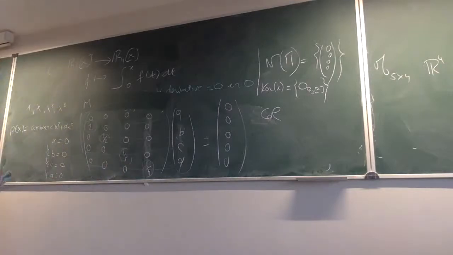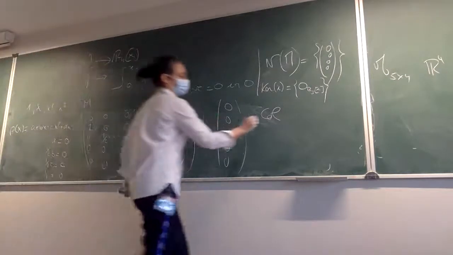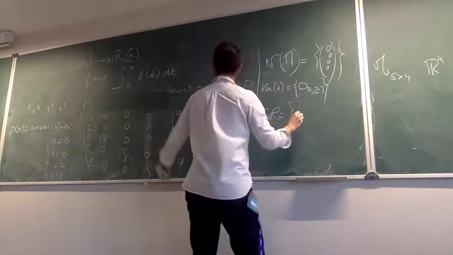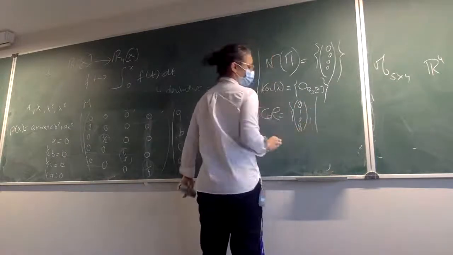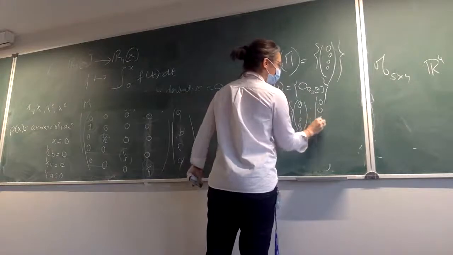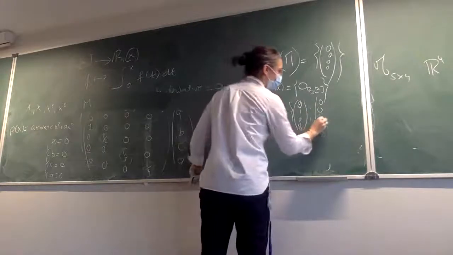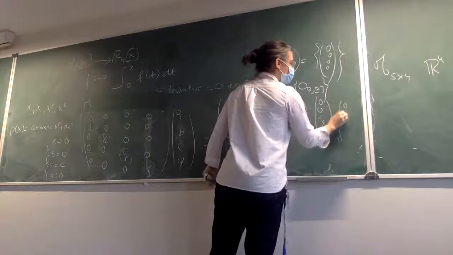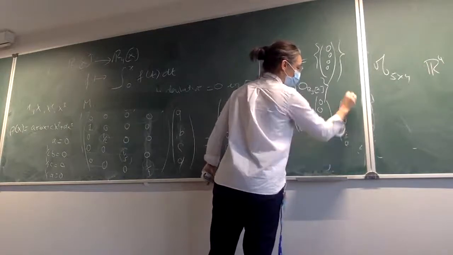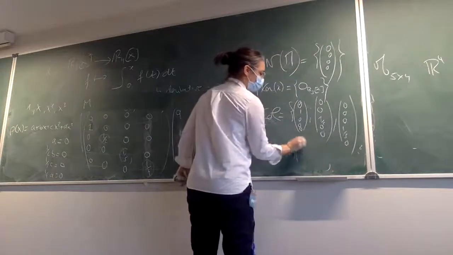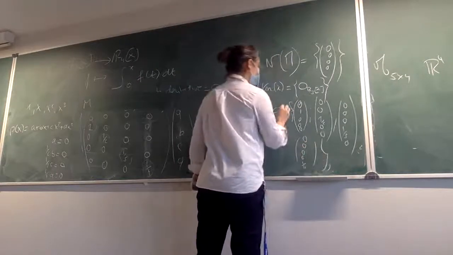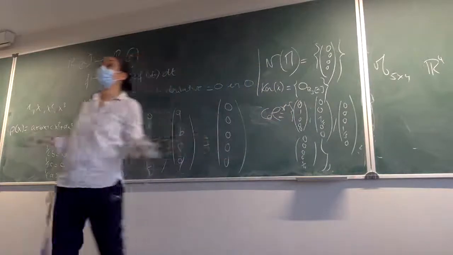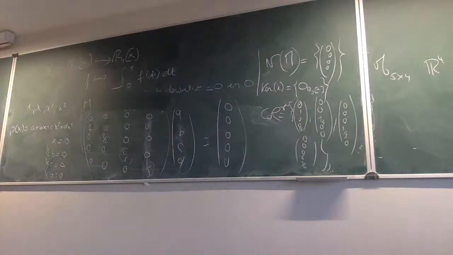So the column space of the matrix is the span of 0, 1, 0, 0, 0, and 0, 0, 1, 0, 0, or 1/2 if you like, that's just the same vector. So the column space is the span of those 4 vectors, all the columns that contain a pivot.